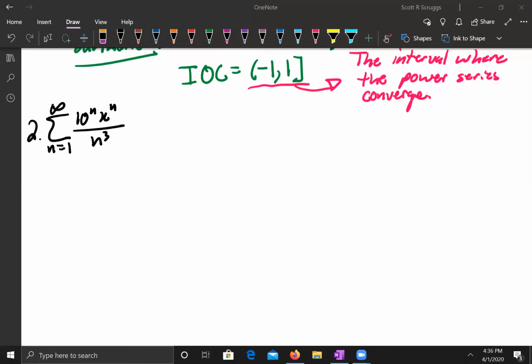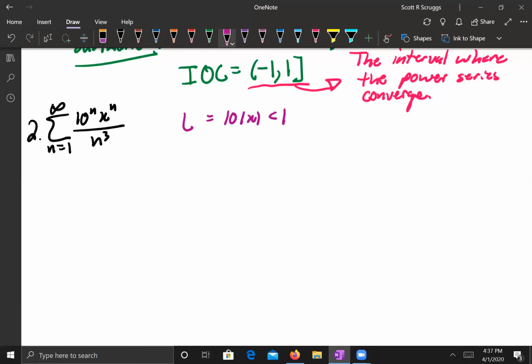Not r less than 1/10. I say that r is 1/10 because what you have is, you did all your work for the limit, and you have a less than 1, and you got it to be 10 times the absolute value of x.